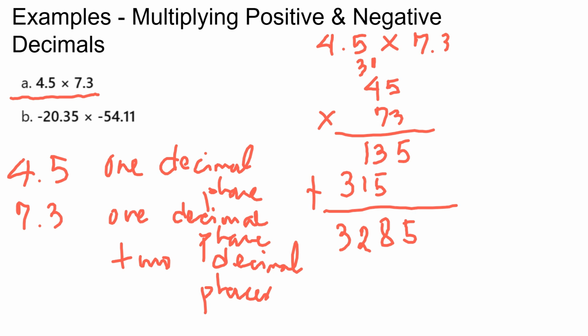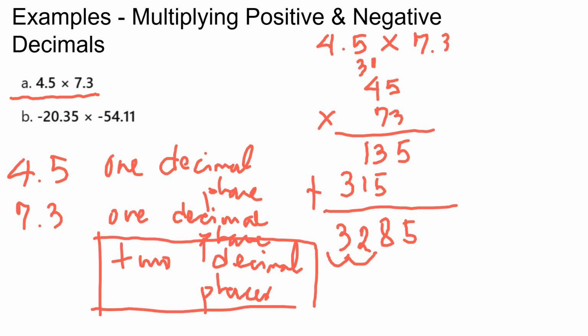Since we have two decimal places, we start at the right of our product. One, we started at the right going to the left. Two. Why two? Because we have two decimal places. So our decimal point now will be here.